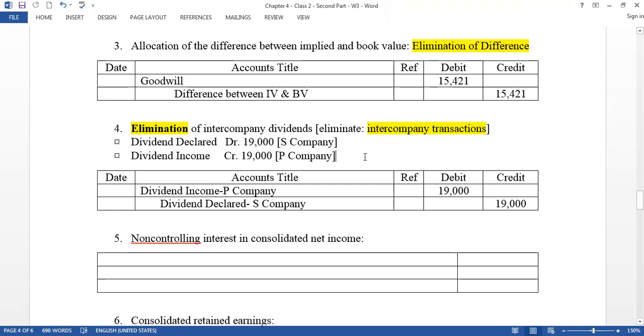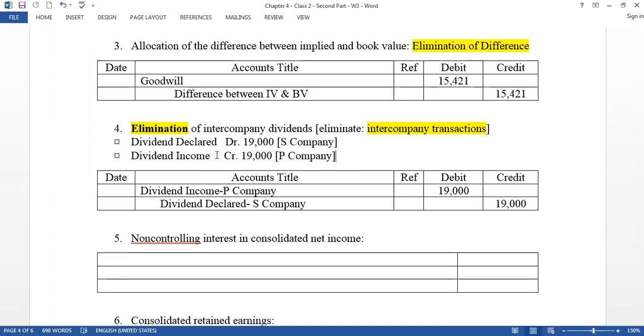According to the cost method, the only intercompany transaction is the dividend. We should close this kind of intercompany transaction because the company paid the dividend from net income.